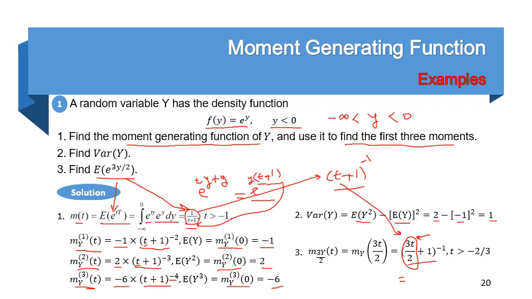It will be the bracket, and we replace the t by 1 because there was no t in my expectation of e to the 3y over 2. So we put 3 over 2 here plus 1, and then all these power negative 1, whatever this one, if you get it by the calculation or by the calculator, you don't have to worry about that.